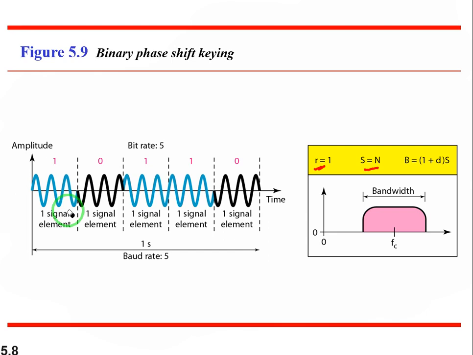So once you are transmitting your digital data, once the bit is going to be changed, you need to shift your phase from one phase to another. So this is a basic comparison between ASK and PSK.